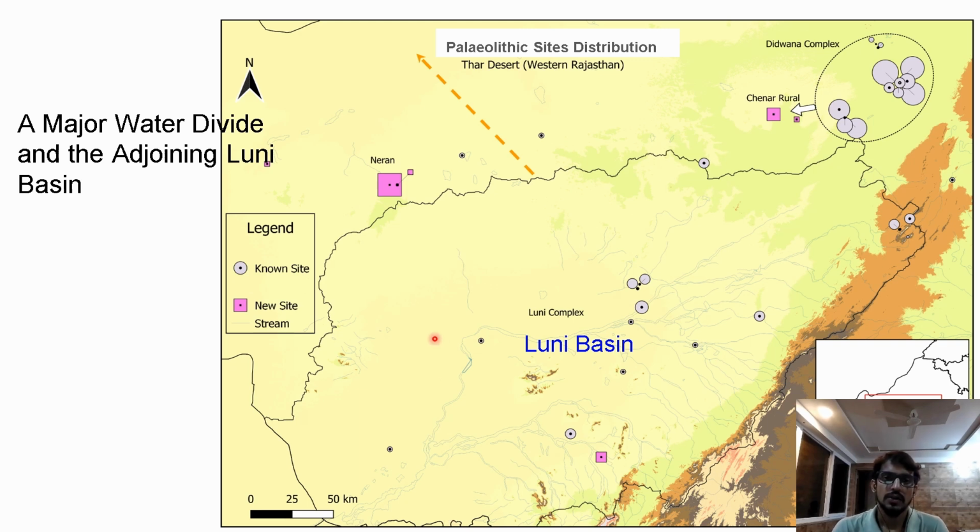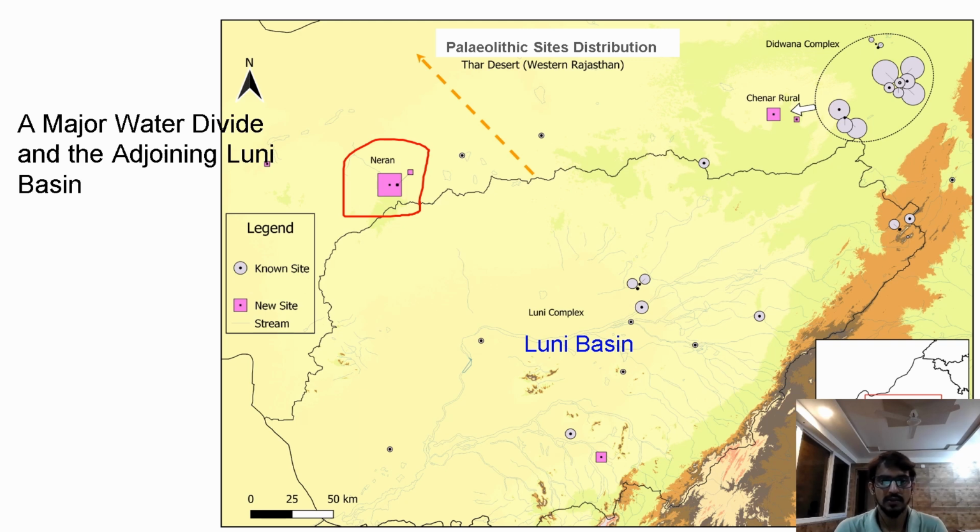Okay, so in another view, we have multiple Paleolithic archaeological sites in the desert. Now, our questions start with a major site of the desert, which we recently recognized here, Neran. Interestingly, this site is located in the interior of the desert, and it is the first of its kind in the desert, almost away from all major known sites, and also away from the major water sources.